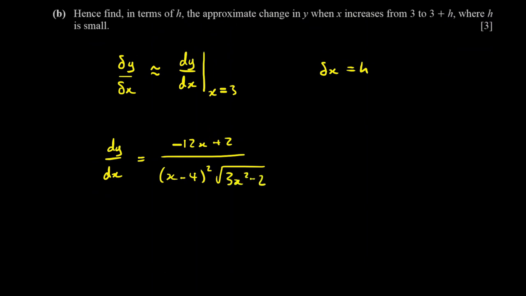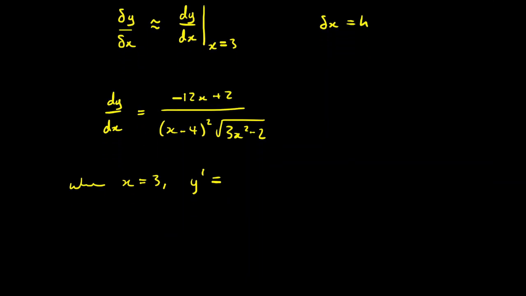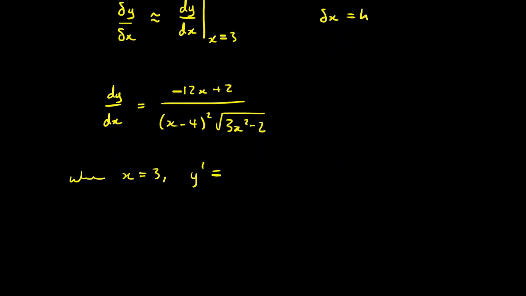So what we've got to do is substitute x is 3. So when x is equal to 3, the dy/dx is going to be equal to minus 12 times by 3 is negative 36 plus 2 all over 3 minus 4 is negative 1. And negative 1 is going to be squared to give positive 1 times by the square root of 3 times by 3 squared.